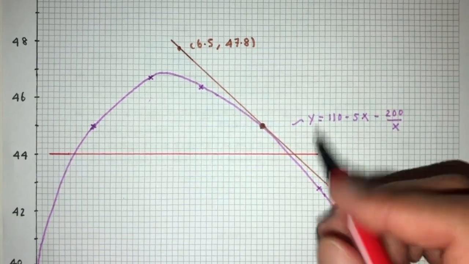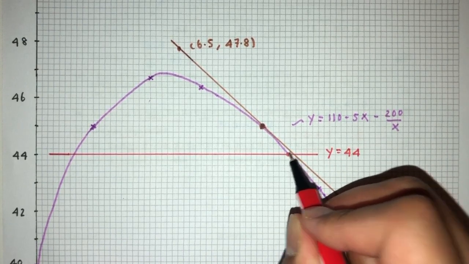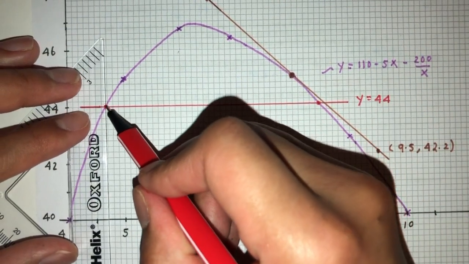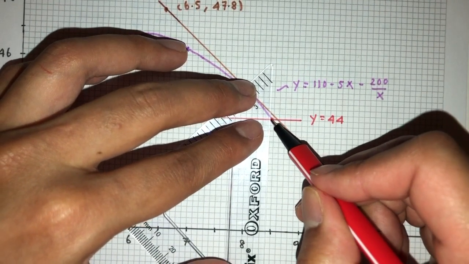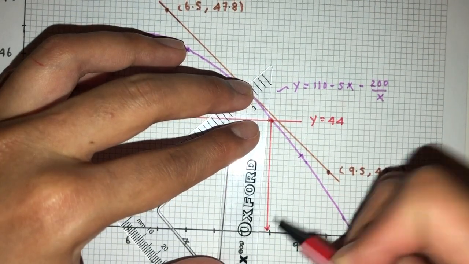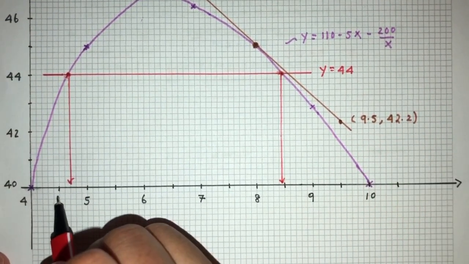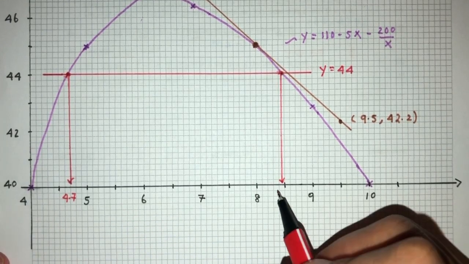By drawing this line, let's label this y equal to 44. We see we have 2 points of intersection. So let's find those corresponding values. This, and that will be somewhere over here. Right. So let's read those values. So this value is 4.7.